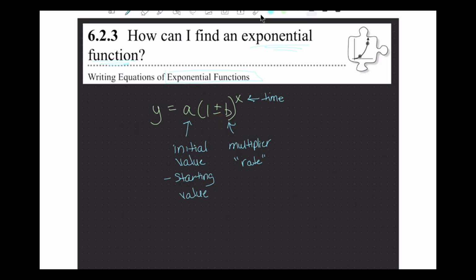That positive or negative tells us whether you have a growth or a decay. If my number is greater than 1, because it would have been 1 plus the rate, I know it's going to be a growth. And if it was 1 minus some value, like 1 minus 0.2, then we know it's going to be a decay. Does that work?